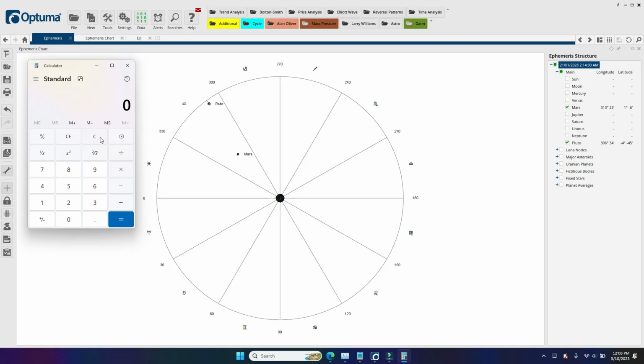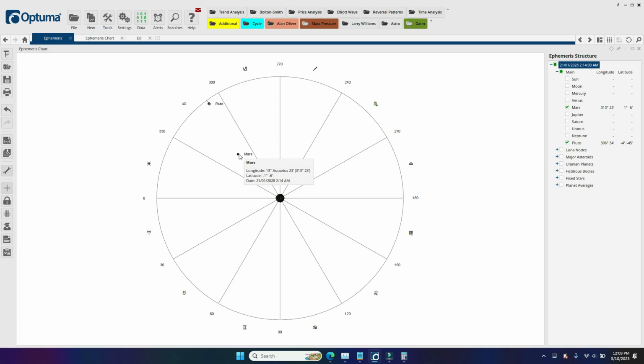So to calculate it today, we'd basically say 360 degrees minus 313. That's going to give us 47 degrees. So Mars has to move 47 degrees to get to 0 degrees. And then we have 313 degrees plus 47 degrees, which is 360 degrees to get basically back here, okay?